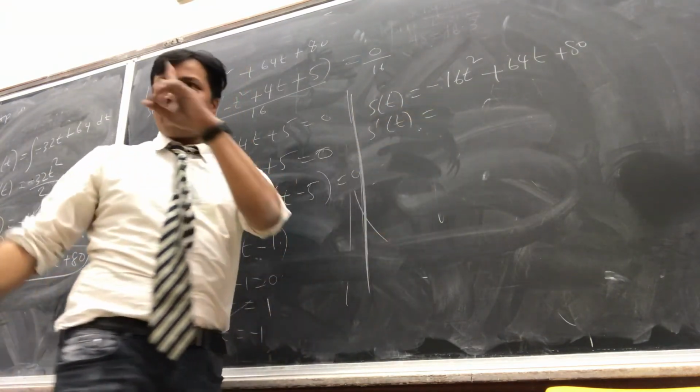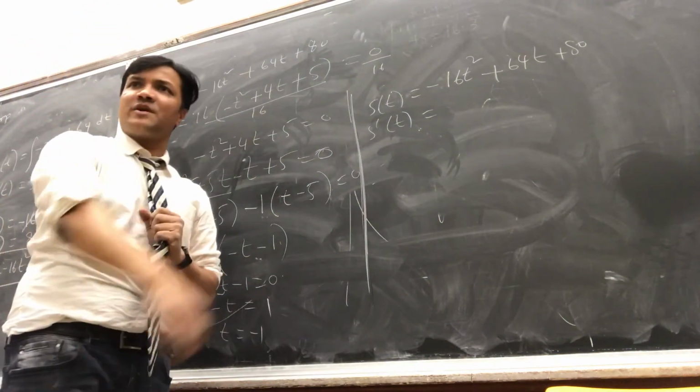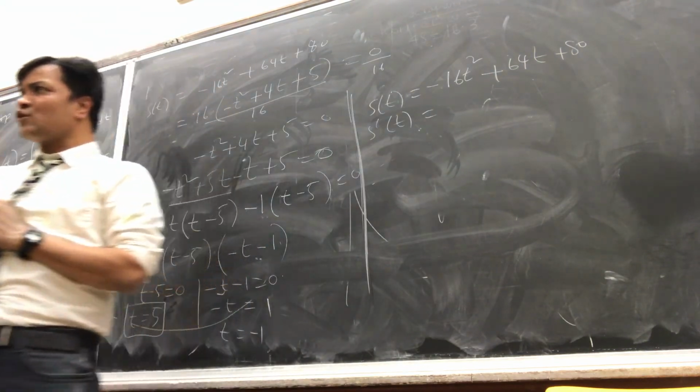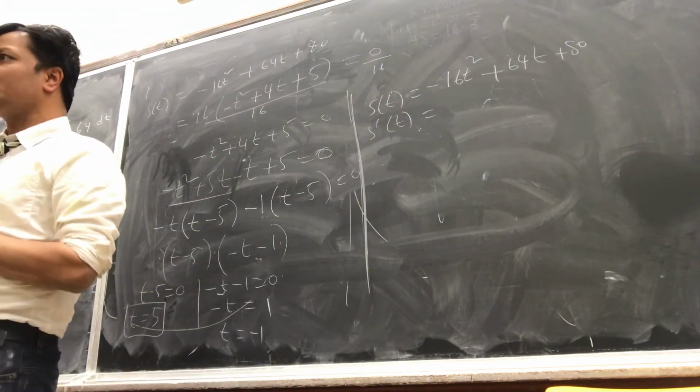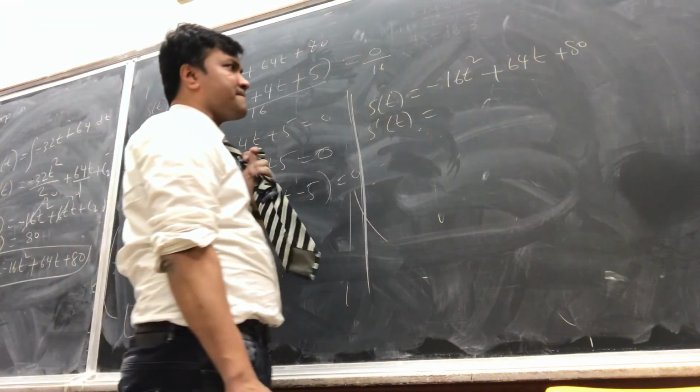Should we use the limit? No, we don't want to use the limit. We're just going to do it as soon as possible. If we use the power rule, product rule, quotient rule, or chain rule, which one are we going to use? Power rule, right? So if you use the power rule, what do you get?